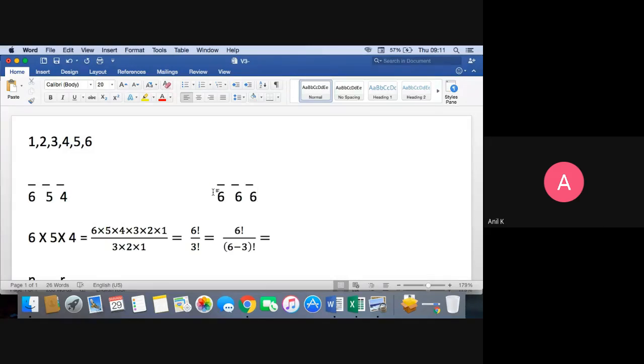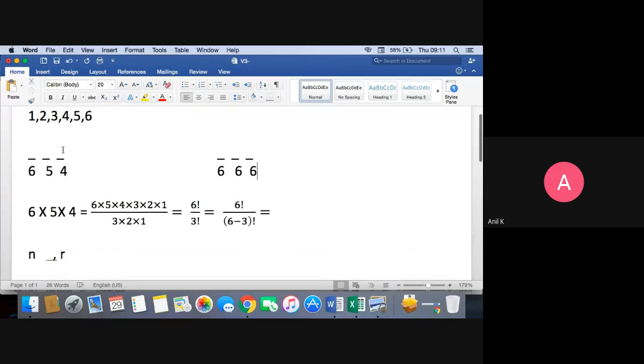This is 6 cube. Out of 6 objects, if I allow repetition, then making a 3-digit number will be 6 cube. If you are making a 4-digit number, then 6 to the power of 4, and if you are making a 5-digit number, it will come as 6 to the power of 5, because 6 into 6 into 6, 5 times you have to multiply.